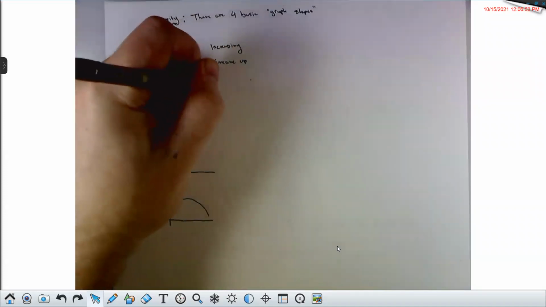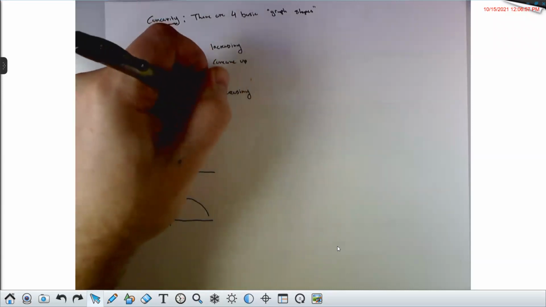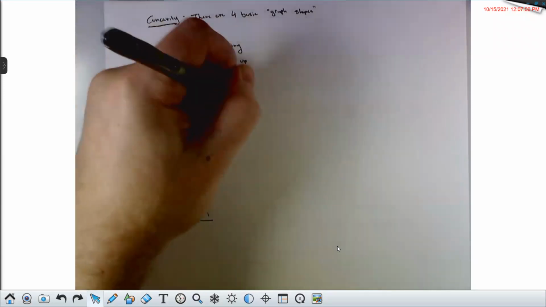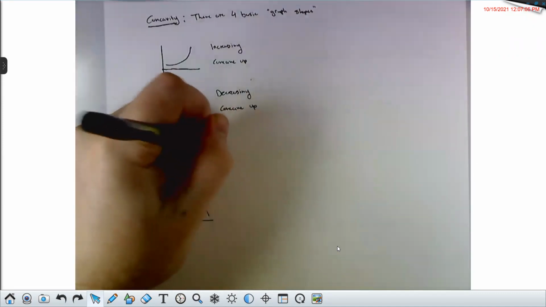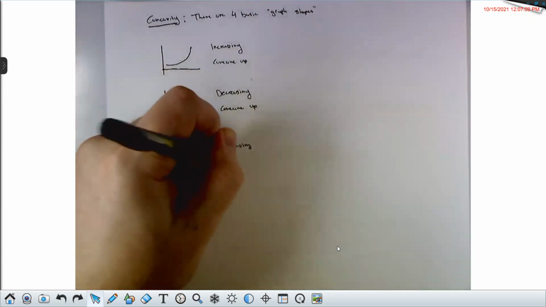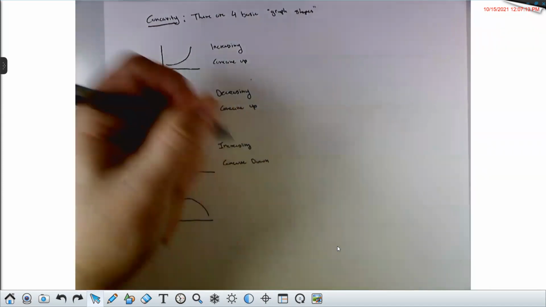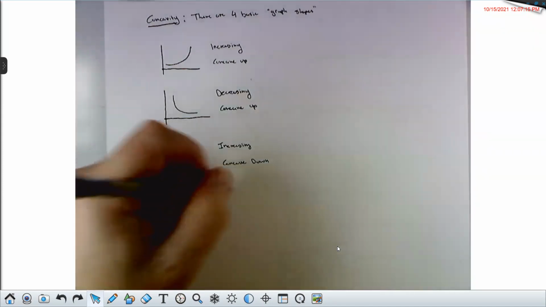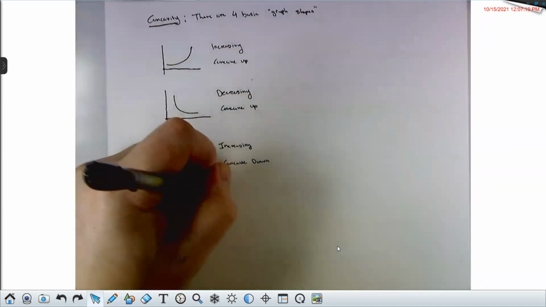This is decreasing and concave up. This would be definitely increasing. And we would call this shape concave down. And this one right here would be decreasing, concave down.